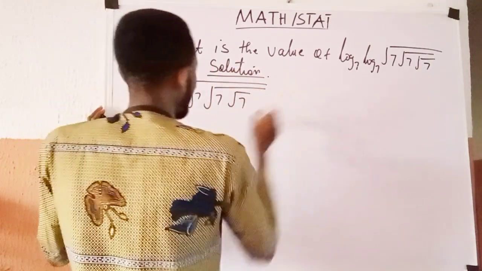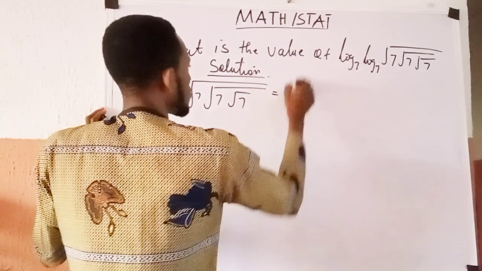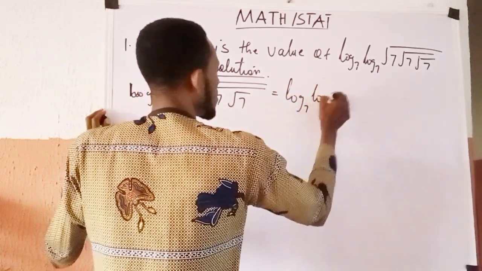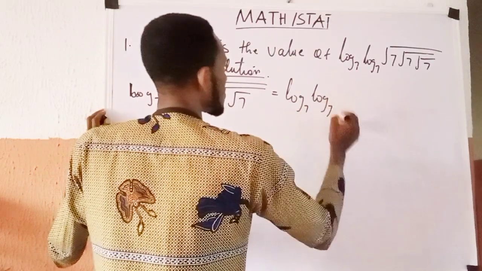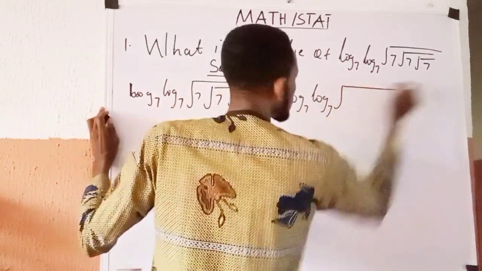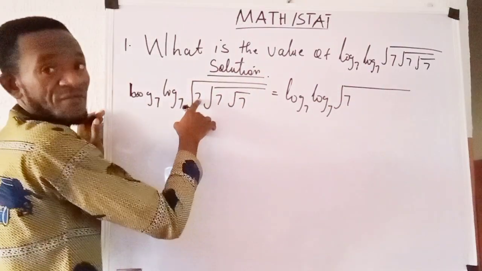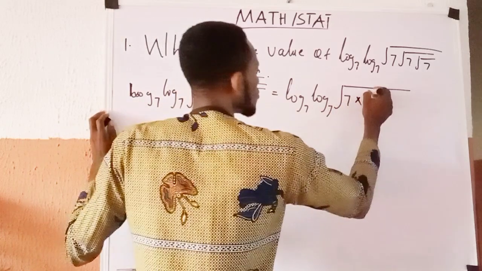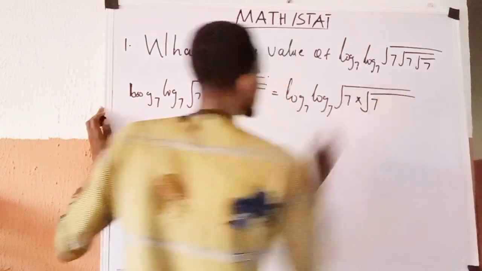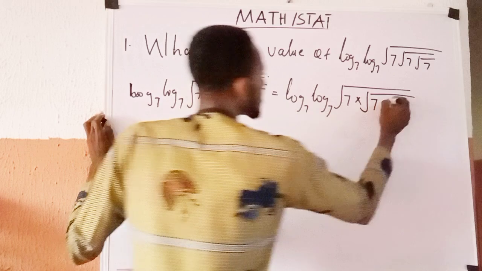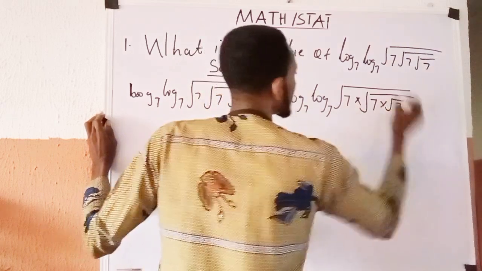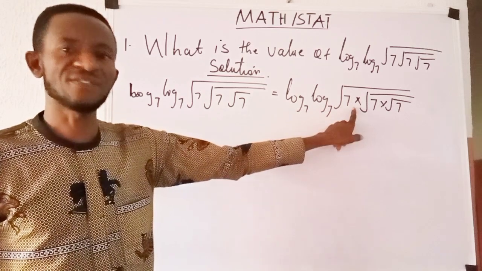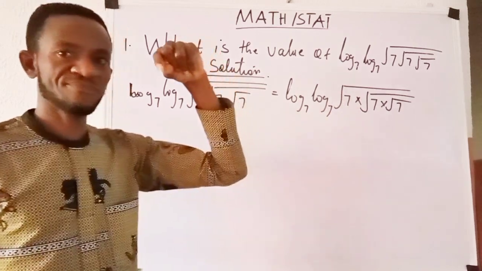This is the same thing as log base 7, log base 7 of the square root of 7, which is what you have here, multiplied by another square root of 7, multiplied by root 7. This and this are the same thing in mathematics. That is step number 1.